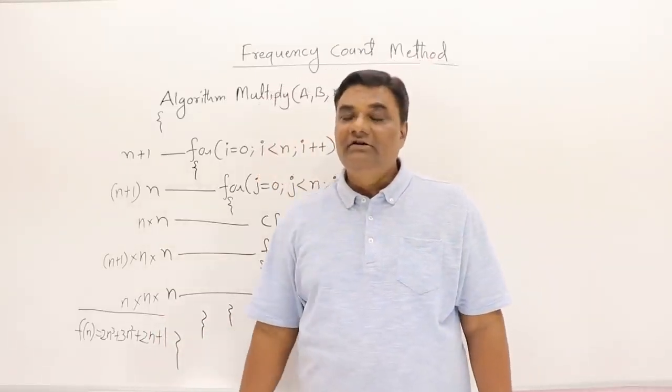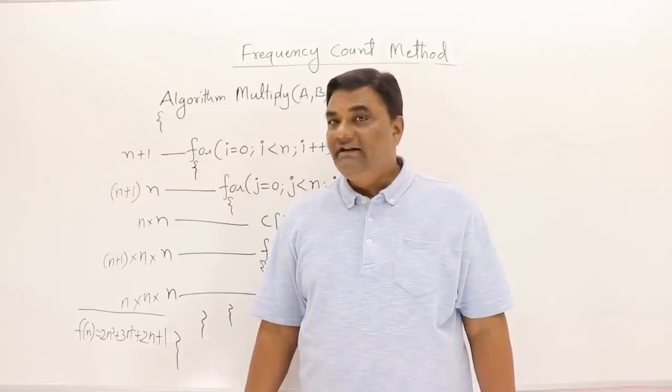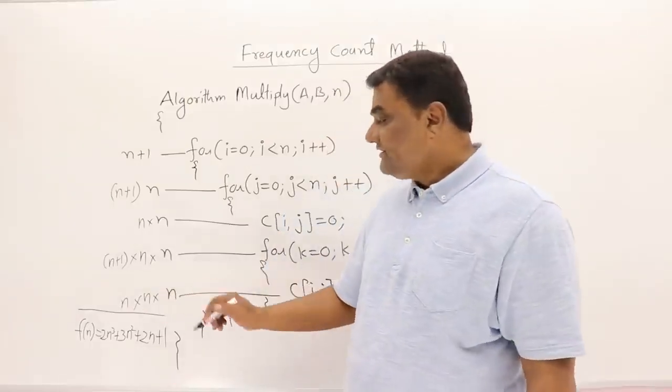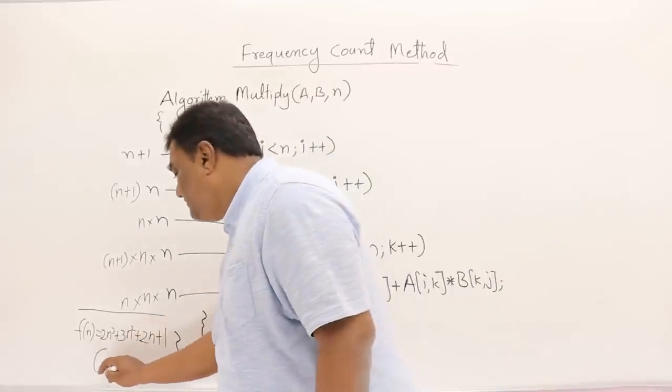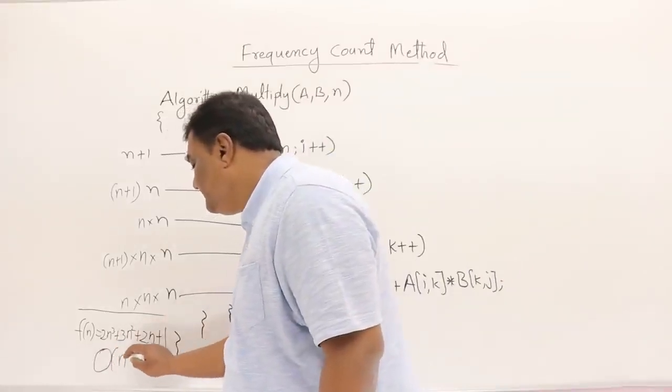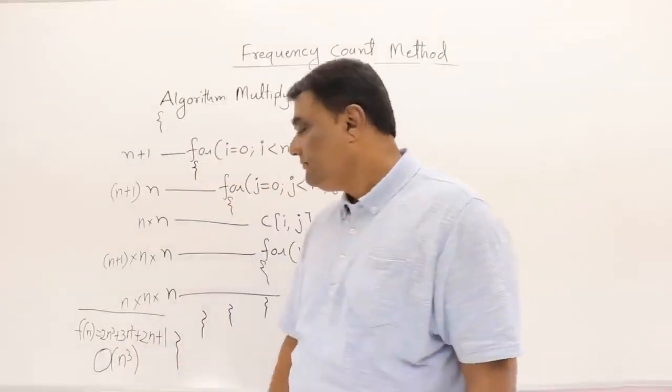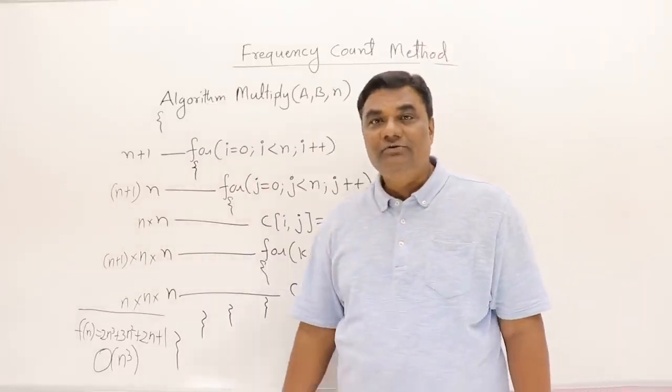Now we got the degree of the polynomial as cube. So the time complexity is order of n cube.